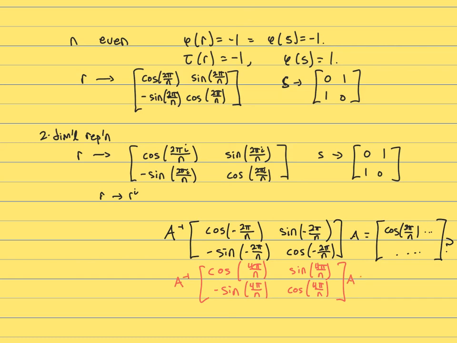Is there a matrix I can conjugate this by to get another copy of that matrix, and at the same time still get this matrix to be the same? Then these would be equivalent representations. If not, they're not the same, they're not equivalent representations.